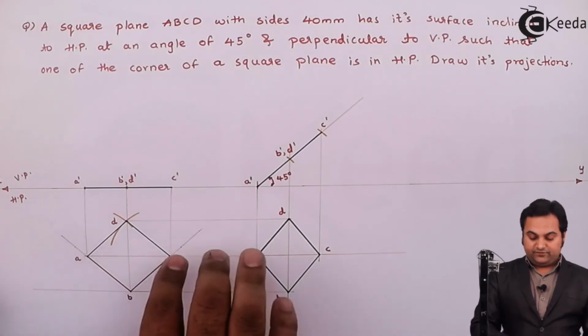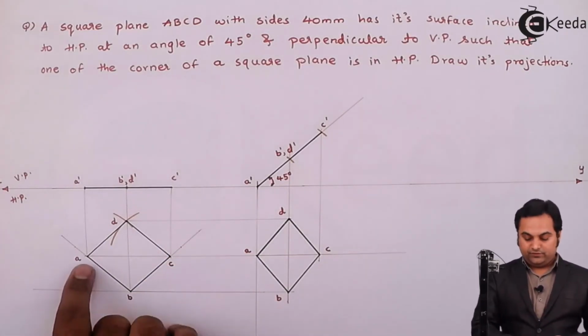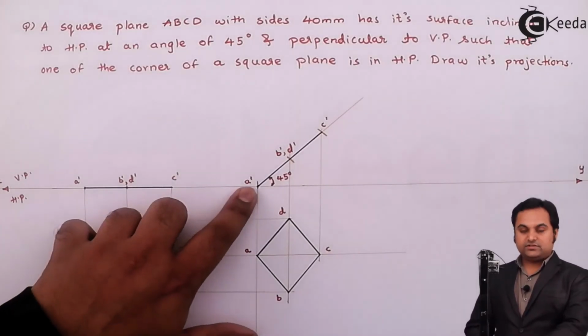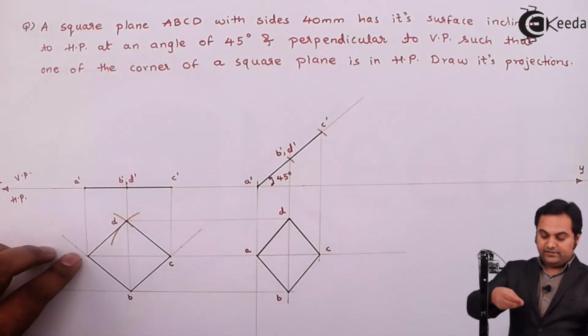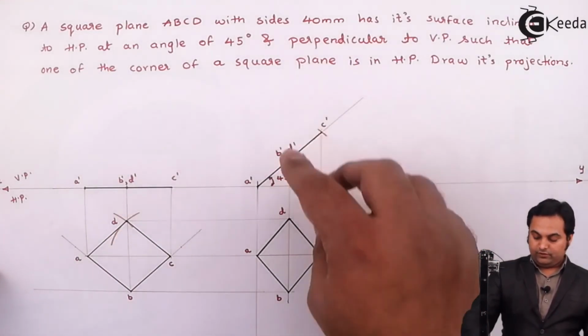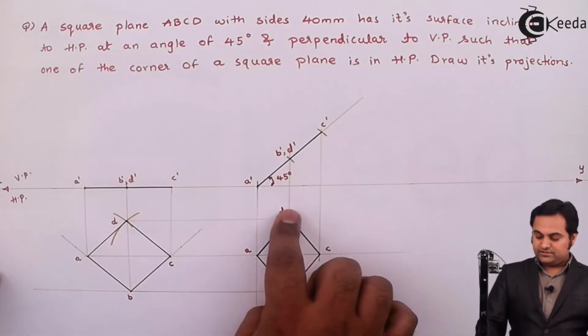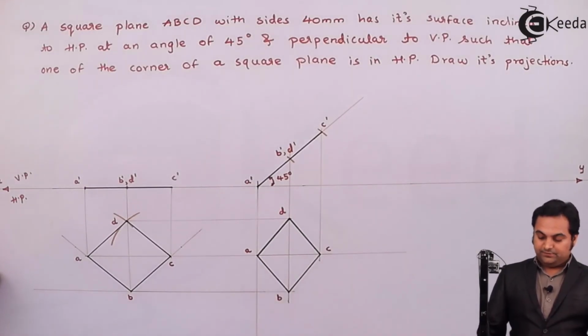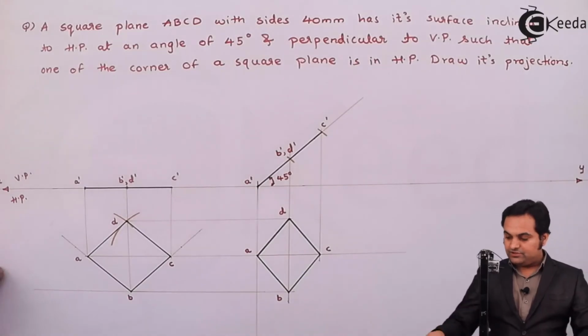That is, at first it was lying in HP on one of its corner. Now keeping that corner fixed, that is A dash, it has been lifted, and when it has been lifted up to 45 degree, looking from top, this is the top view. Next, after reaching up till here, finally I'll give the dimensions to it.